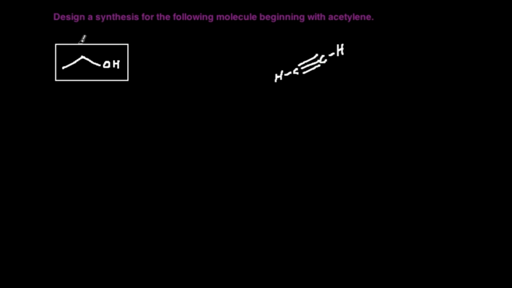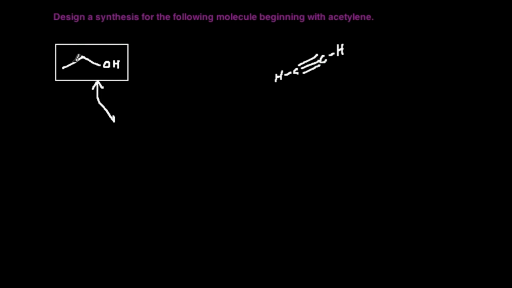So we need to get to this compound right here. Now, there are no alkyne addition reactions that can directly produce an alcohol. So that means we're going to have some number of intermediate steps. Well, let me think, what can I produce an alcohol from? Well, I can produce it either from a carboxylic acid, or I can produce it from an aldehyde.